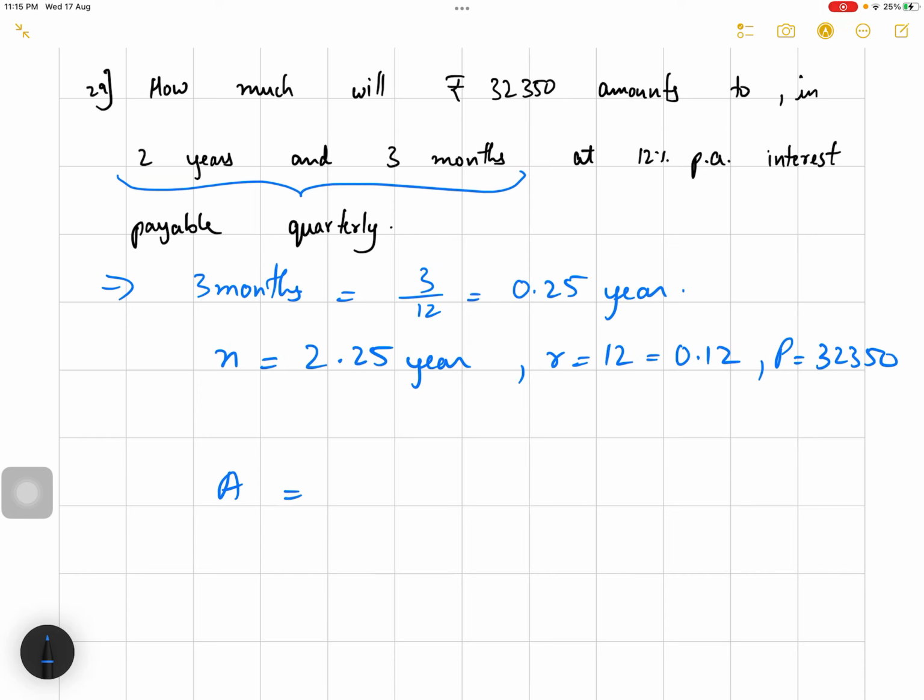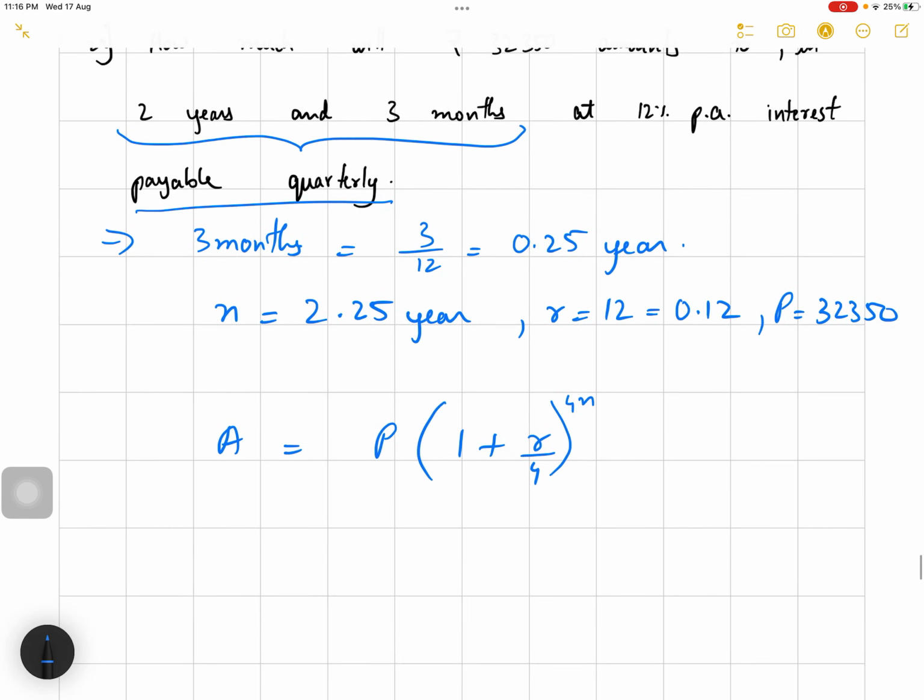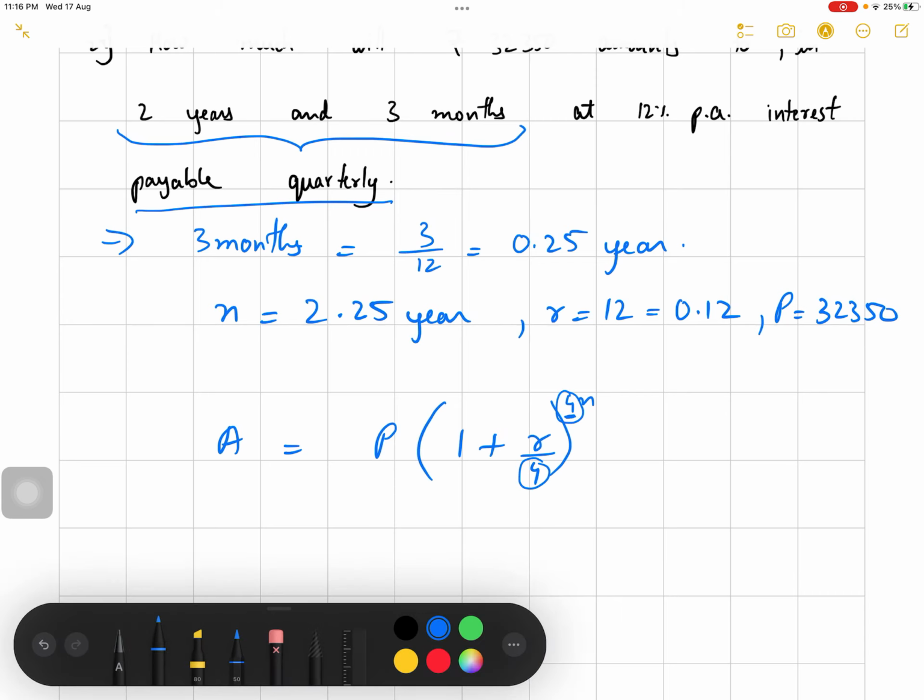So the formula for A is P into 1 plus r upon 4, raised to 4n, because interest is paid quarterly. That means in a year interest is calculated 4 times, so divide r by 4 and multiply n by 4.